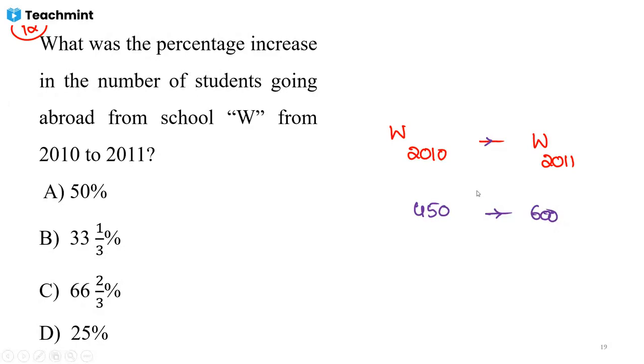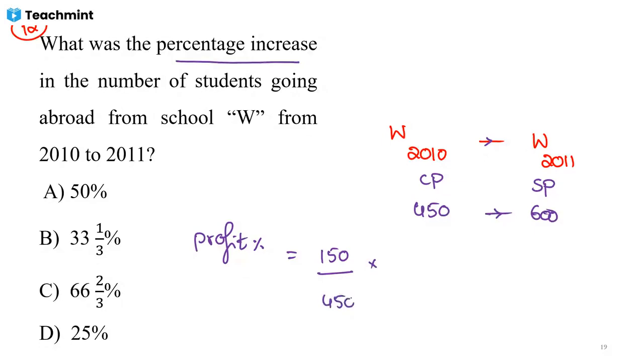Now see, 450 to 600. What is percentage increase? Percentage increase and profit percent are both the same. So 450 becomes 600, so your cost price becomes the selling price. The profit is 150. Profit is always calculated with respect to cost price into 100.